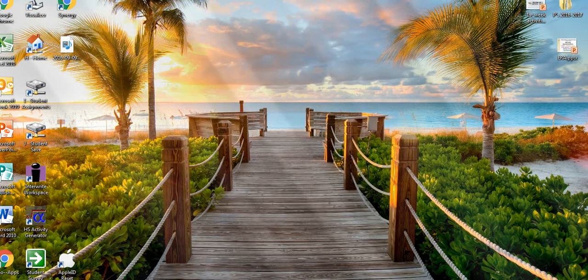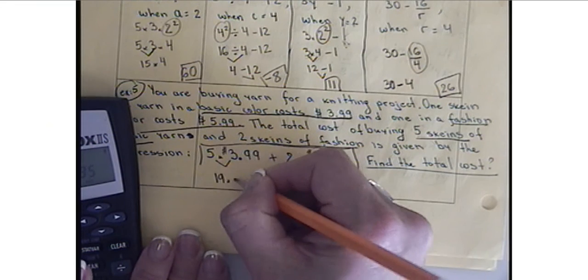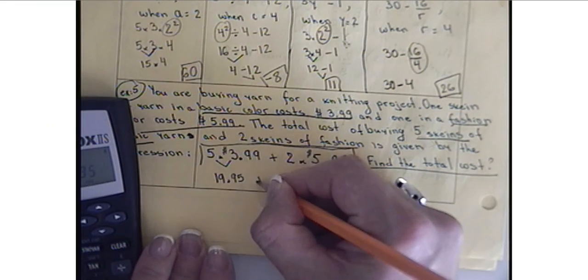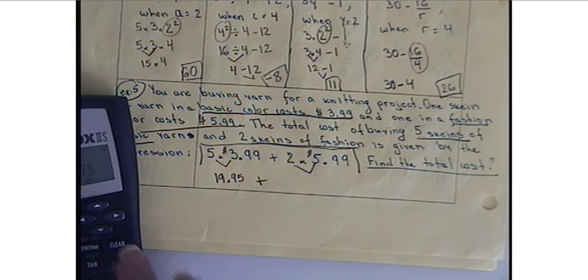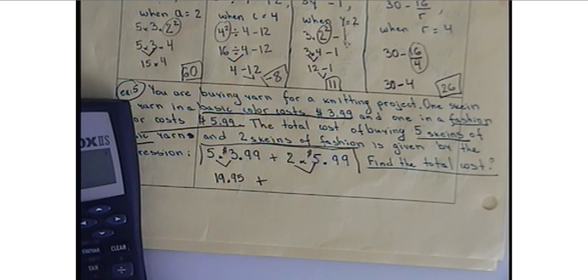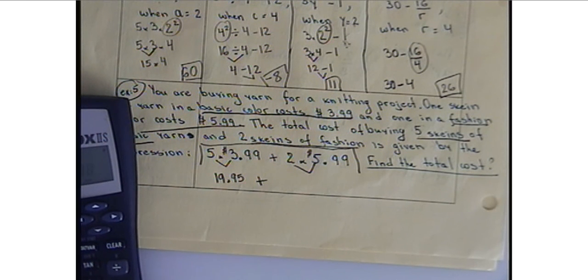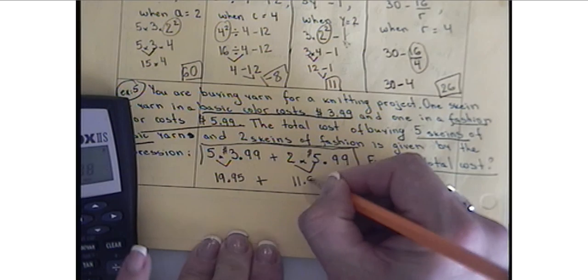I just need to grab my calculator, so hold on for a second. So here's what we have. We have 5 times 3.99, which is $19.95, plus, and then we will multiply this. 2 times 5.99 equals 11.98.